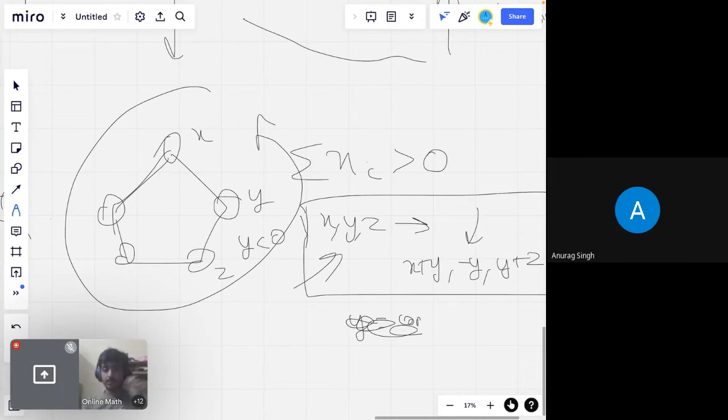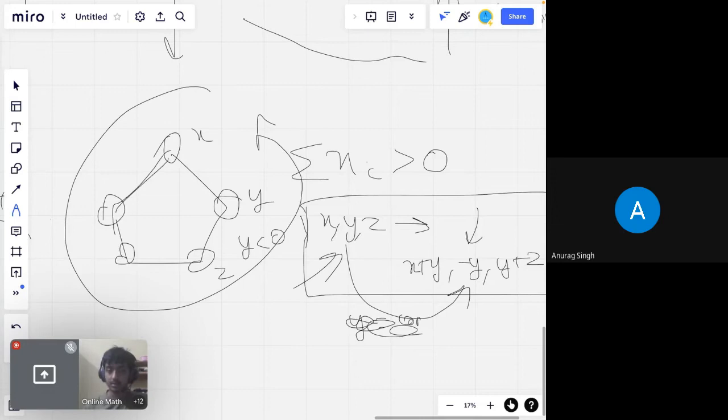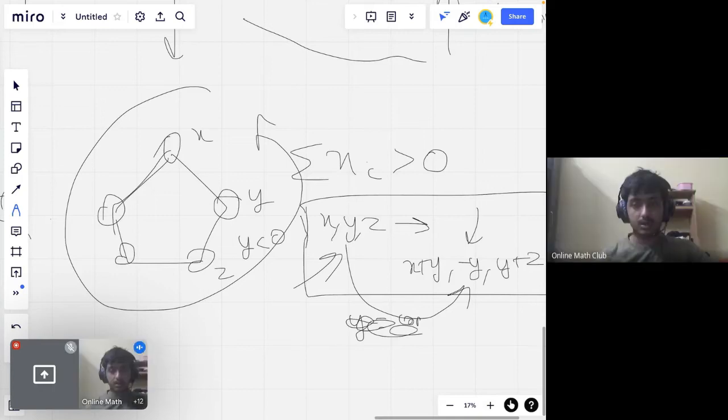I want to prove this transformation, that it becomes from negative to positive. That's obviously true. Y here is negative and here it's positive. It means one of the negative terms in the set becomes positive.